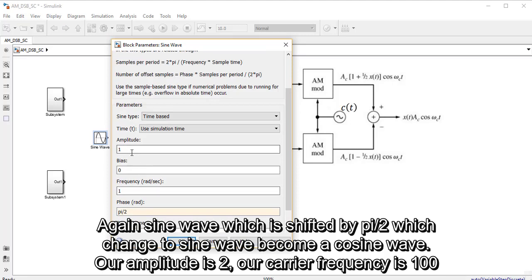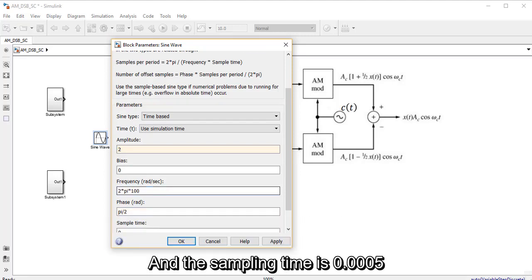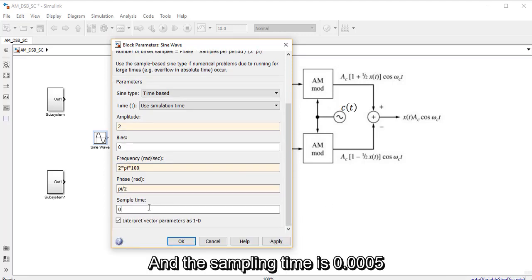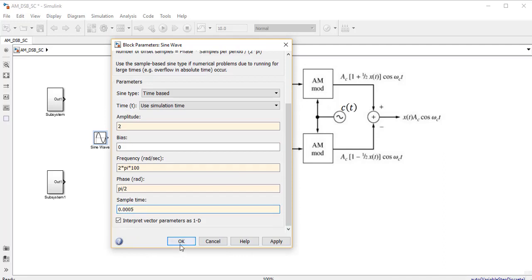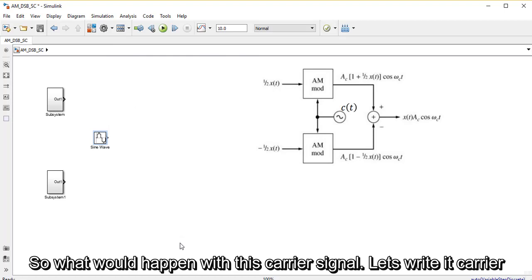Our amplitude is 2. Our carrier frequency is 100. And the sampling time is 0.0005.